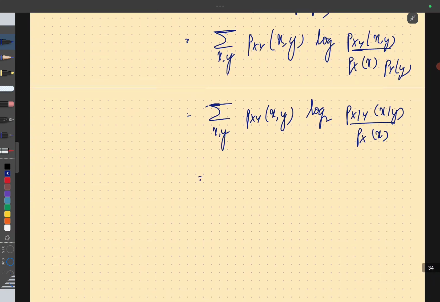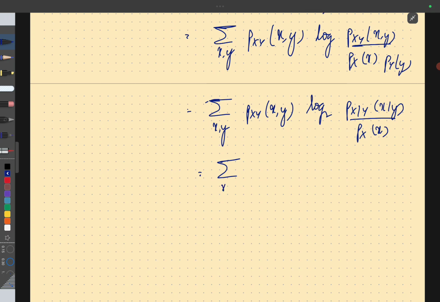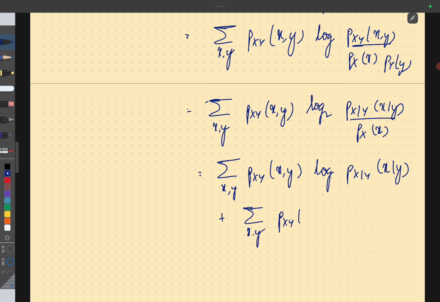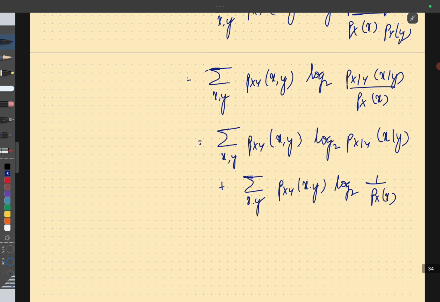Now I'll split this into two terms. Sum over all x, y of p_xy(x, y) log p_{x given y}(x given y), plus sum over all x, y of p_xy(x, y) log 1 over p_x(x).